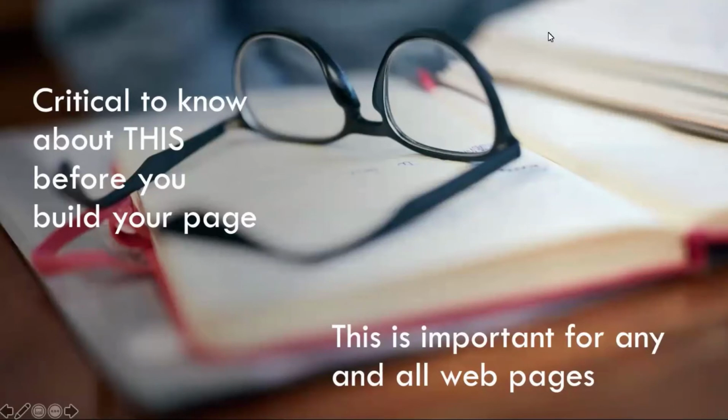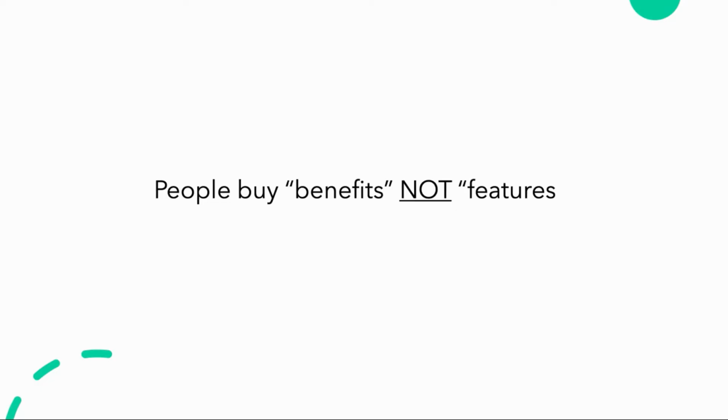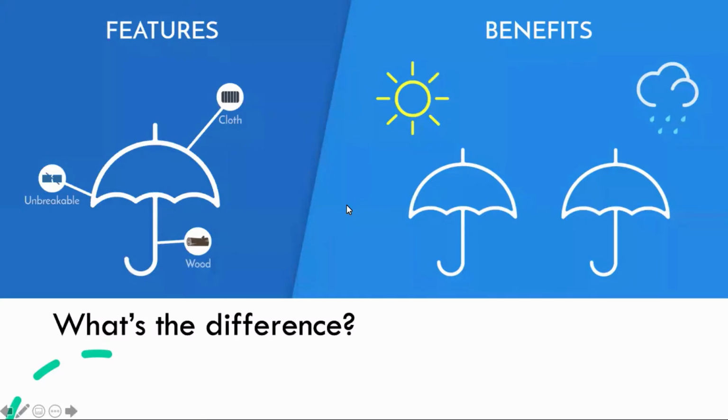And by the way, this isn't just important when you're building a landing page, but when you're building any aspect of marketing, whether it's radio, TV, or whatever, okay? So when selling, whether it's trying to get a lead or trying to get a sale, it is important to know, and you may have heard this before, but we're going to dig into it in detail. People buy benefits, not features. What's the difference between a feature and a benefit? Here's a graphic that kind of generally states it.